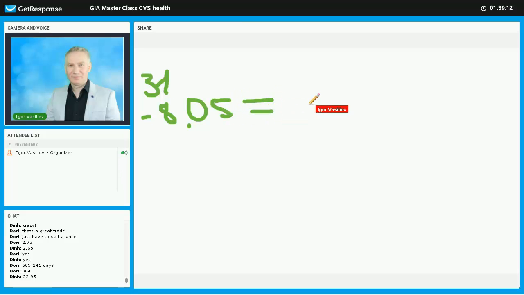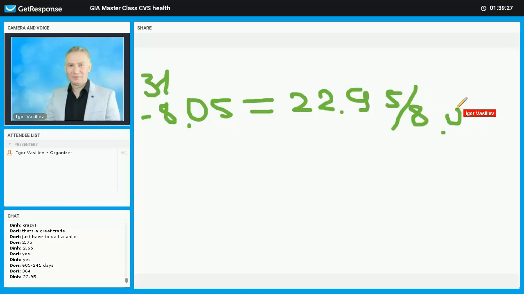We get $22.95, and then divide by $8.05. And how much are we getting here? Who calculated it? $22.95 divided by 8.05, 285%.